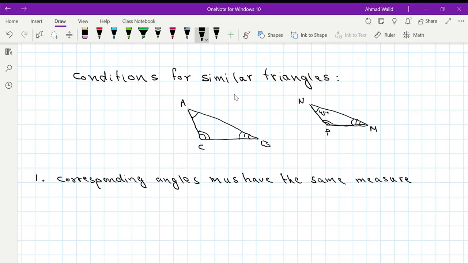That's condition number one. Condition number two: corresponding sides must be proportional.